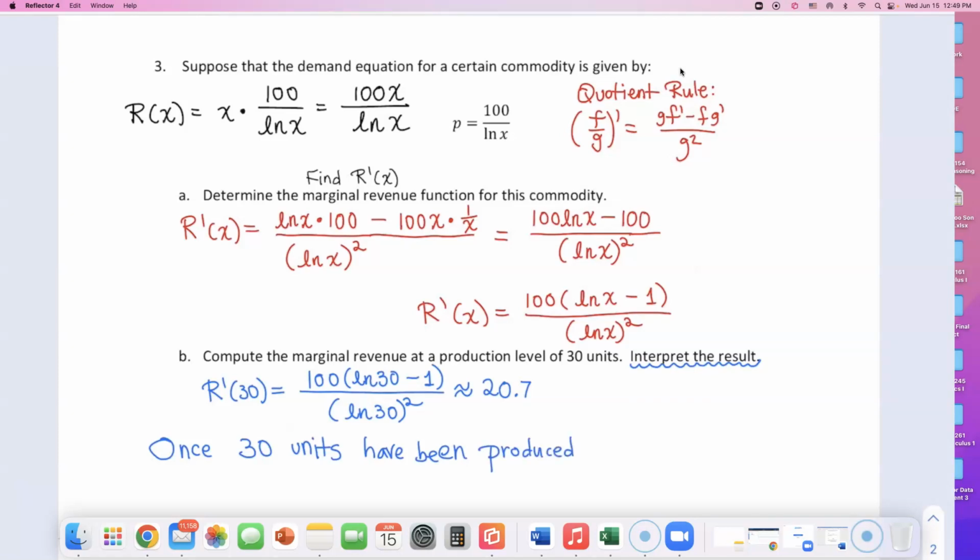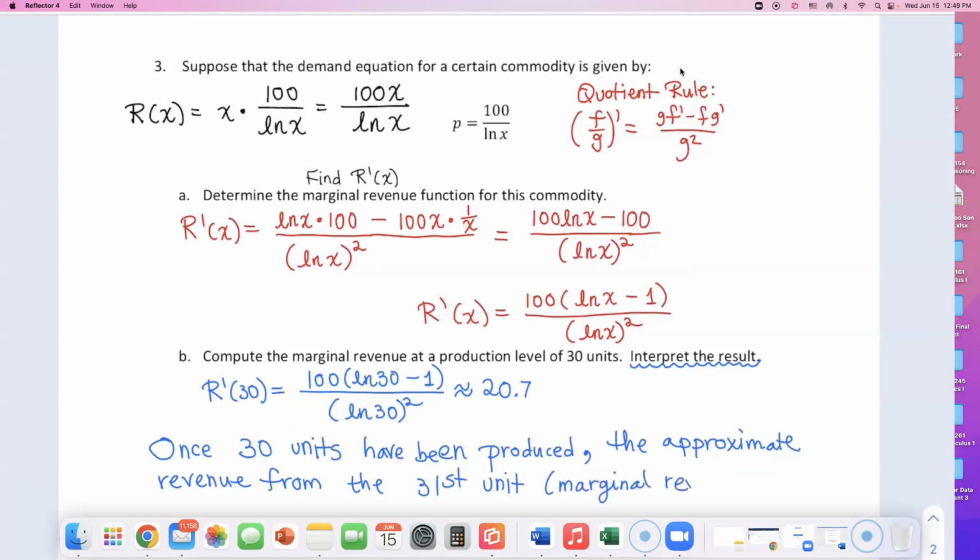Once 30 units have been produced, the approximate revenue from the, not 30, but 31st unit is, and this is the marginal revenue, is how much? $20 and, oh my goodness, I wrote too big.